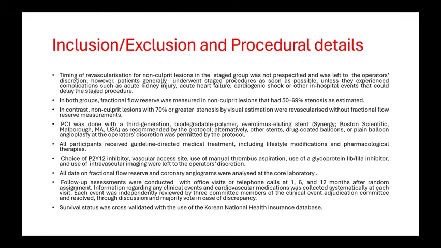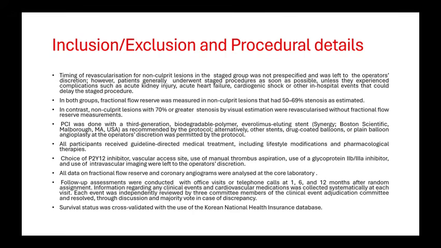then this patient will be revascularized. Number 3, the type of stent used was the Synergy stent, which is one of the best stents in the world, but it was not exclusive. The operator was allowed to use any other stent, was allowed to use a drug-coated balloon, was allowed to use a plain balloon according to his discretion of the procedure.